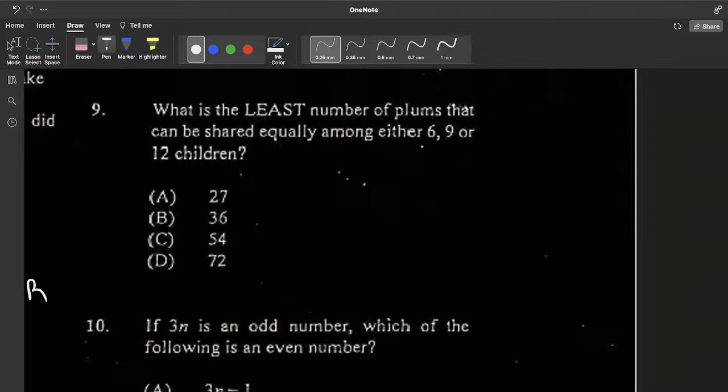So if you look at this one in particular, you'll end up with 36, because the LCM of these 3 numbers is 36. So you would have 6 groups of 6 to get 36, 4 groups of 9, and 3 groups of 12 to end up with 36. That's the smallest number that you could get for all 3 of them equally.